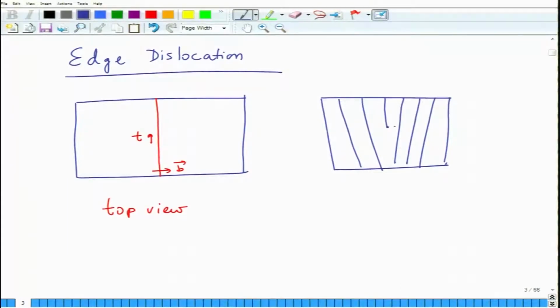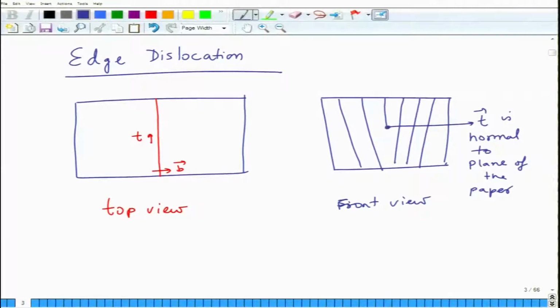So perpendicular to the plane is this T vector. So this is the side view or front view. T is normal to the plane of the paper, so this will be going into the plane, and the Burgers vector would be this.